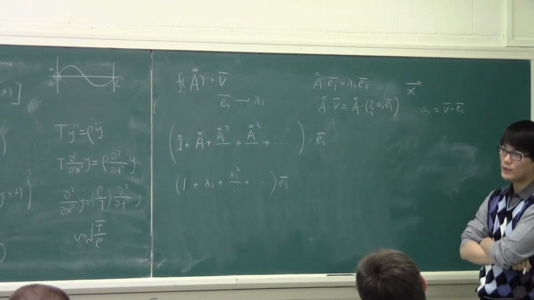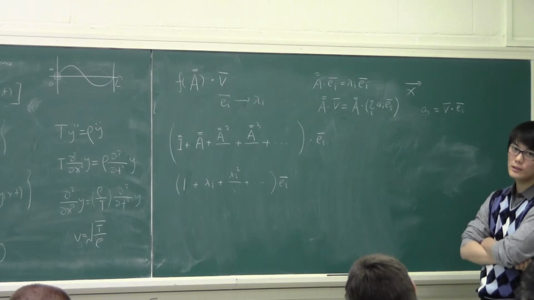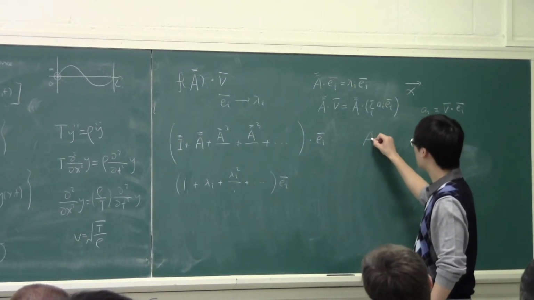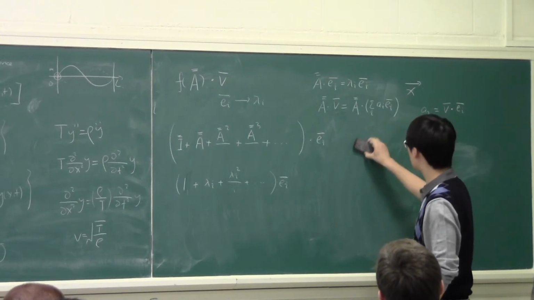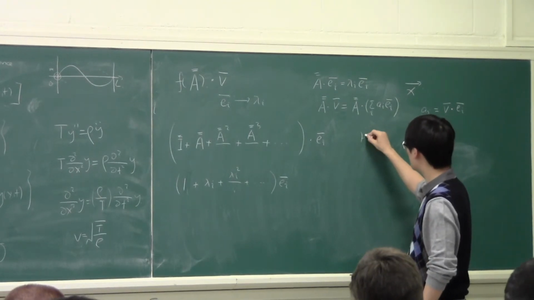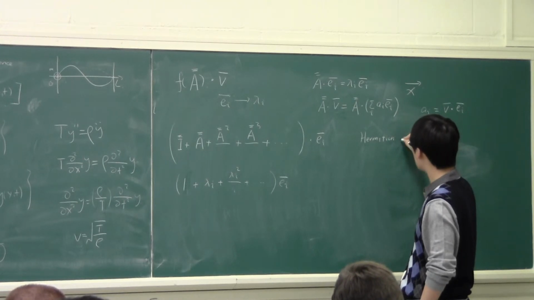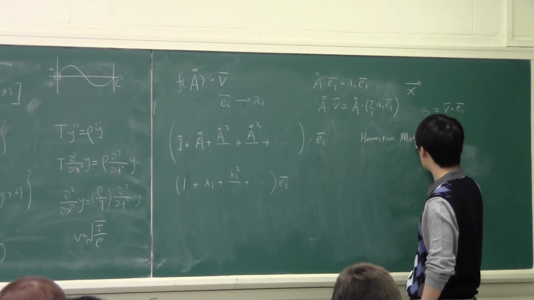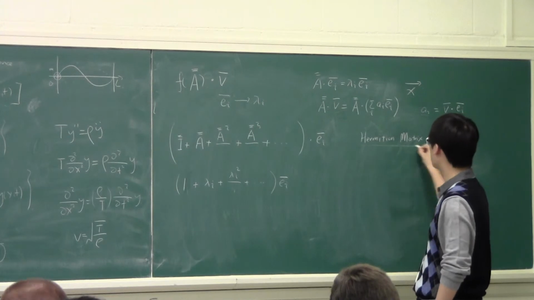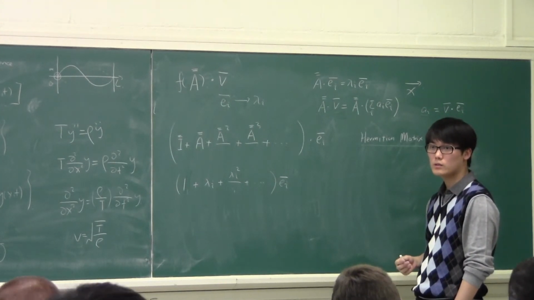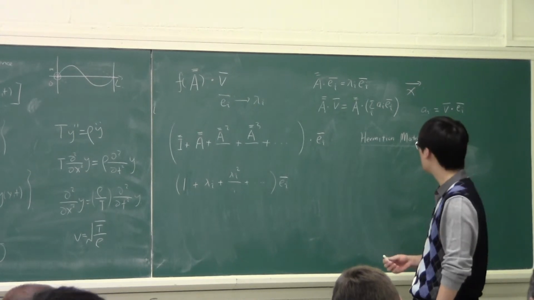Okay. So a special type of matrix is called a Hermitian matrix. The Hermitian matrix has a very nice property: it has a complete and orthogonal set of eigenvectors.